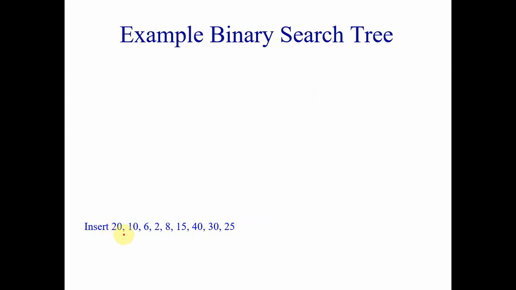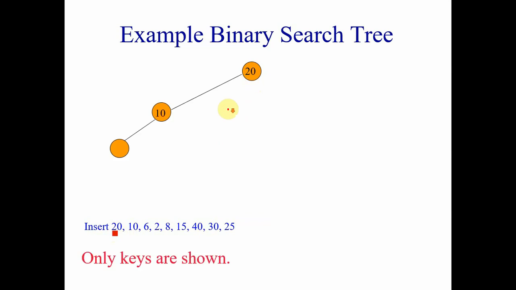Remember, all these are the keys. First, as mentioned, the first one is 20. And then when you put 10 here, it should be put on the left of 20. If you put 6, it's further put on the left. If you put 2, it's put on the left of 6. If you put 8, it should be the left of 20, left of 10, and right of 6.